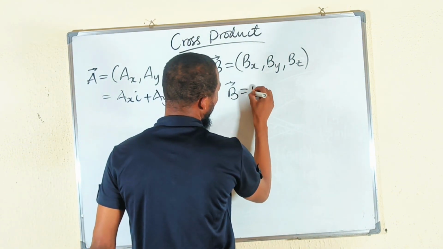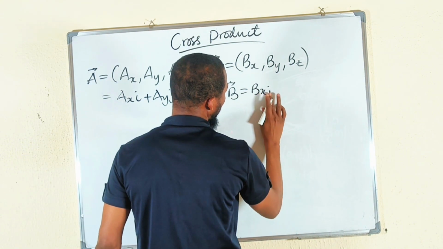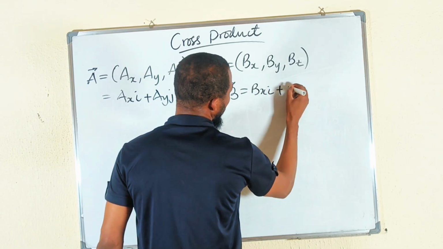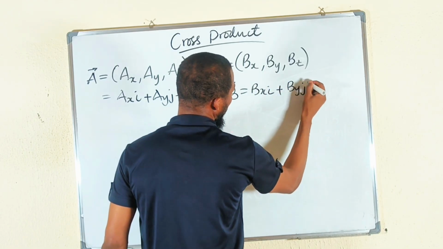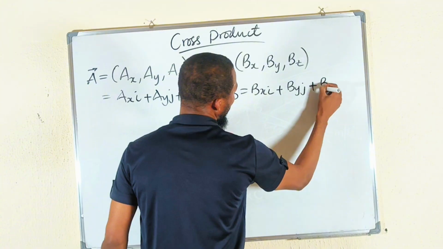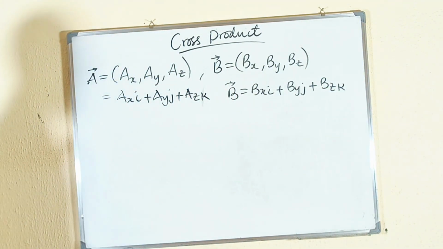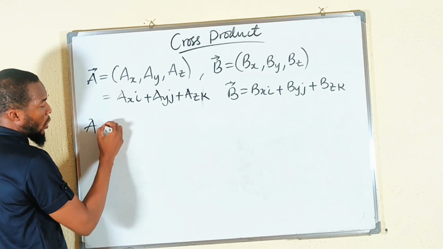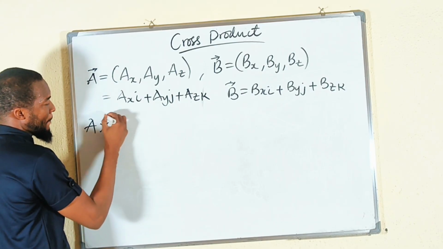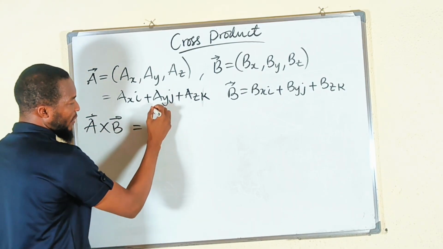B is the same thing as B sub x i plus B sub y j and B sub z k. All right, so how do we cross them? A cross B is equal to the determinant.